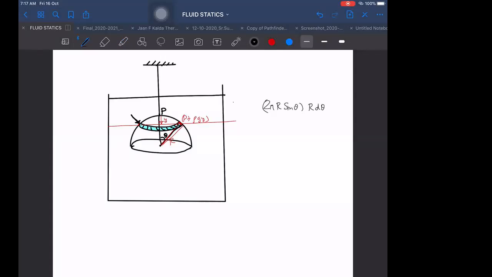Area into pressure. Pressure is P plus rho G y. So this is overall pressure into this area element.